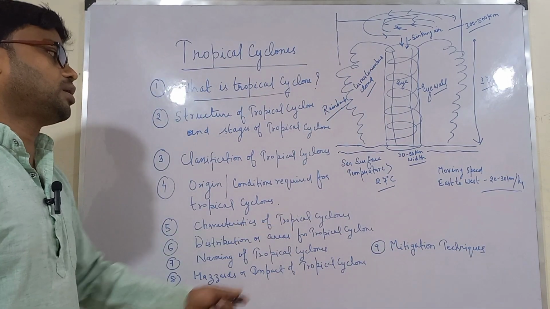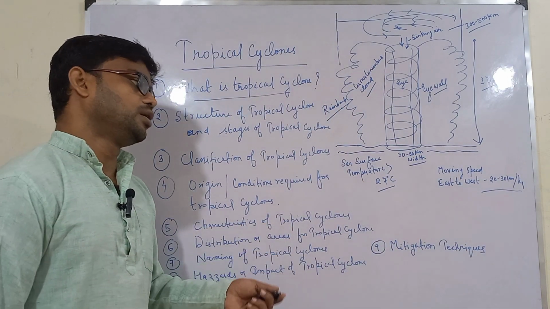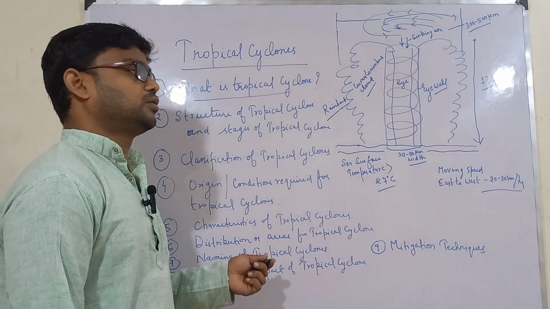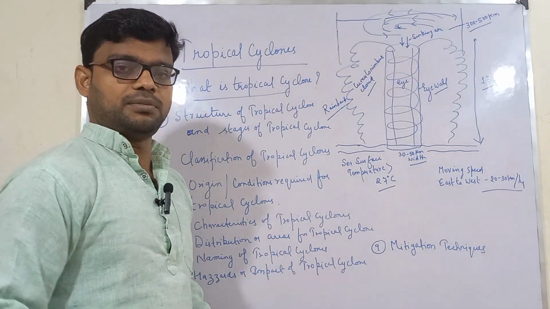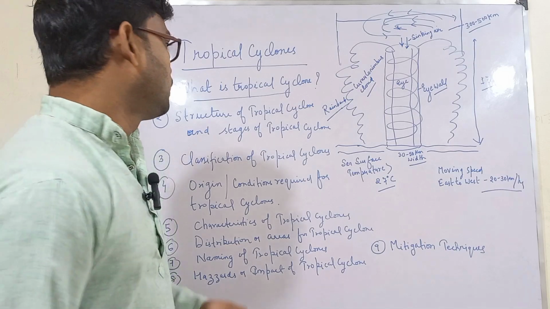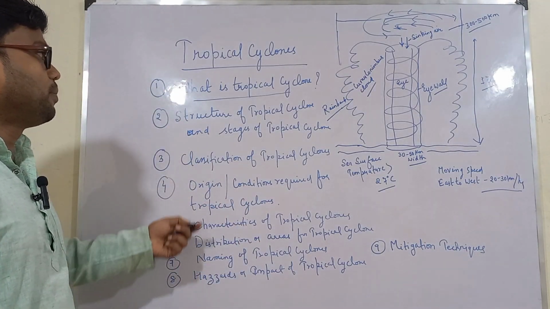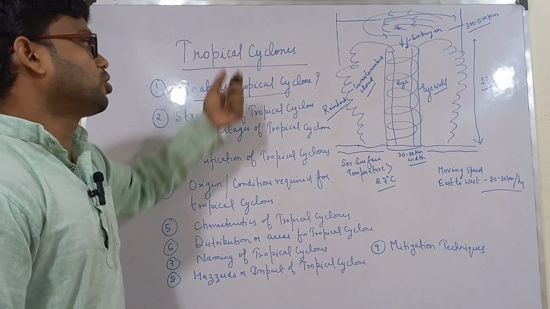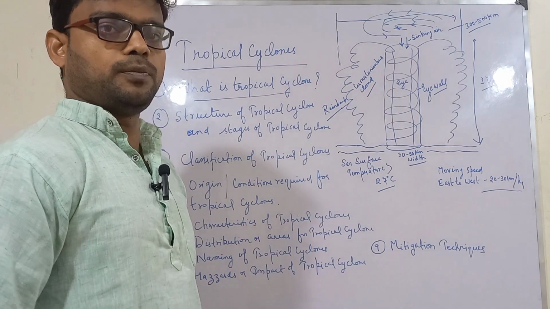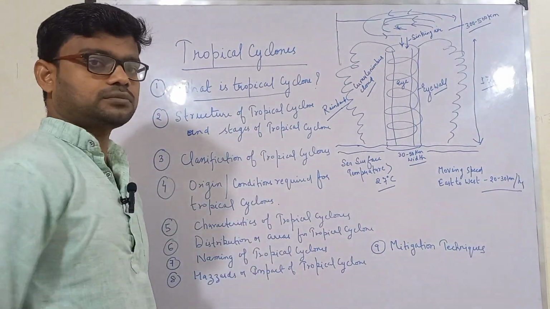Mitigation techniques here means how these cyclones or the hazards caused by these cyclones can be minimized or stopped. So we will try to cover all these 9 topics one by one under this main heading, tropical cyclones. I hope you people will be noting it down.